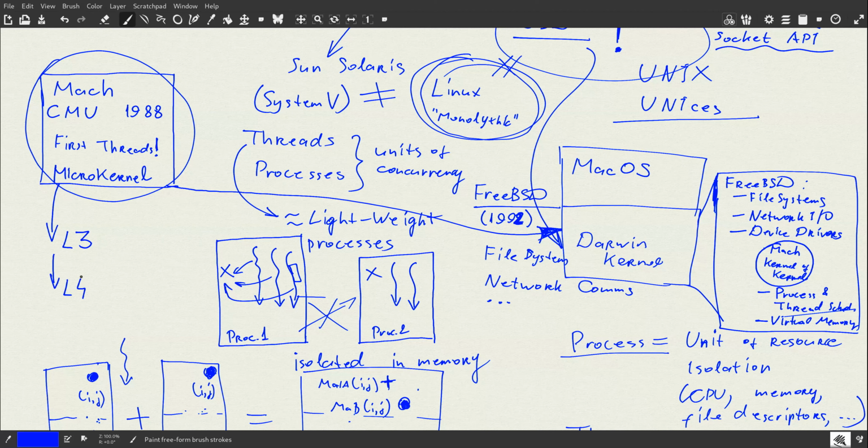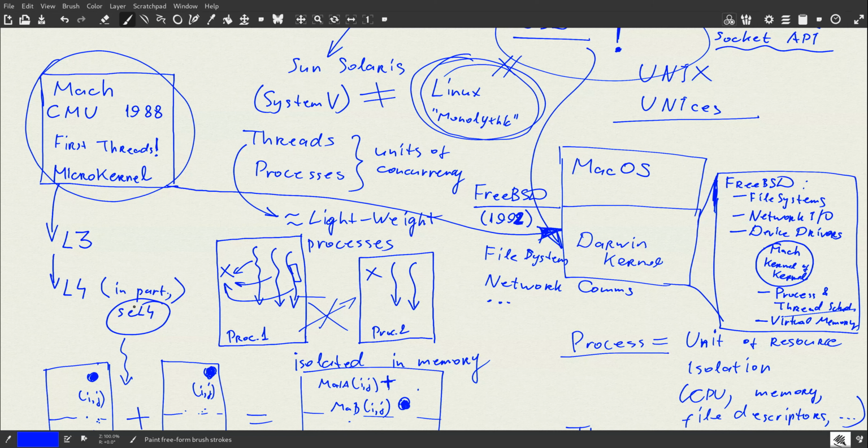One of them will be of great importance for us in this course, which is called SEL4, which would be a part of our big attention, and I'm going to talk about it in significant detail. All of them are descendants of Mach.